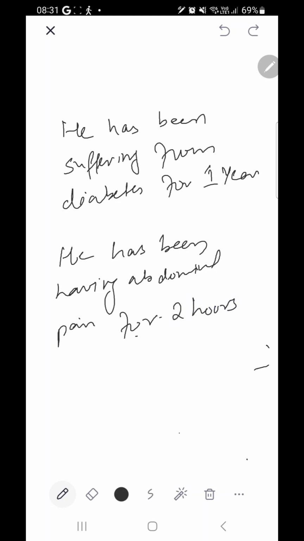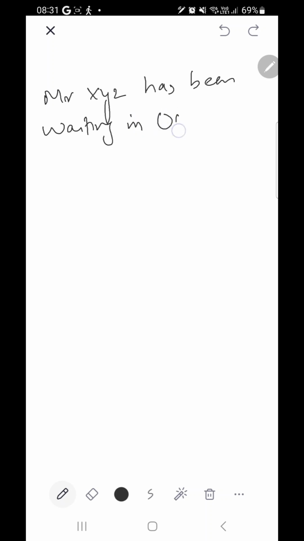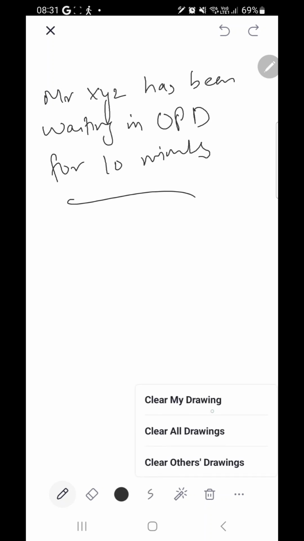So these are some examples that you have to understand. Even for this one, Mr. XYZ has been waiting in OPD for 10 minutes, right? So now we can discuss the use of since. Since, we use when we refer to the start of time.